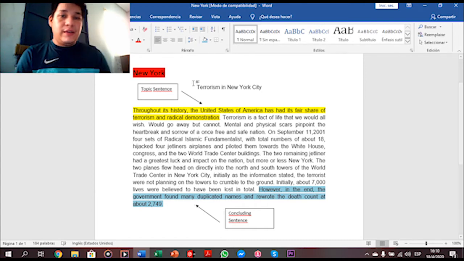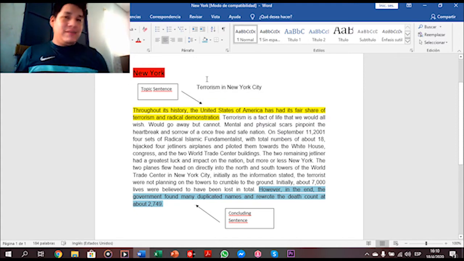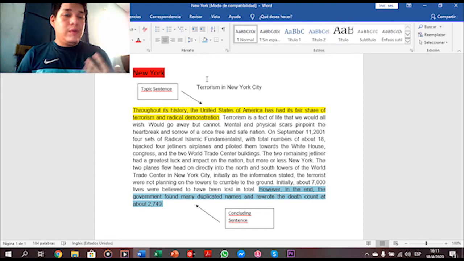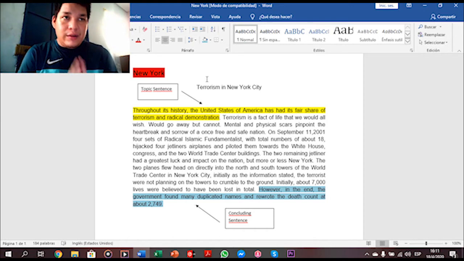In this case, as you can see, we have selected terrorism in New York. And by the way, what is the meaning of terrorism? As we know, terrorism is something that people bring just to spread evil and at the same time to terrify other nations all over the world.